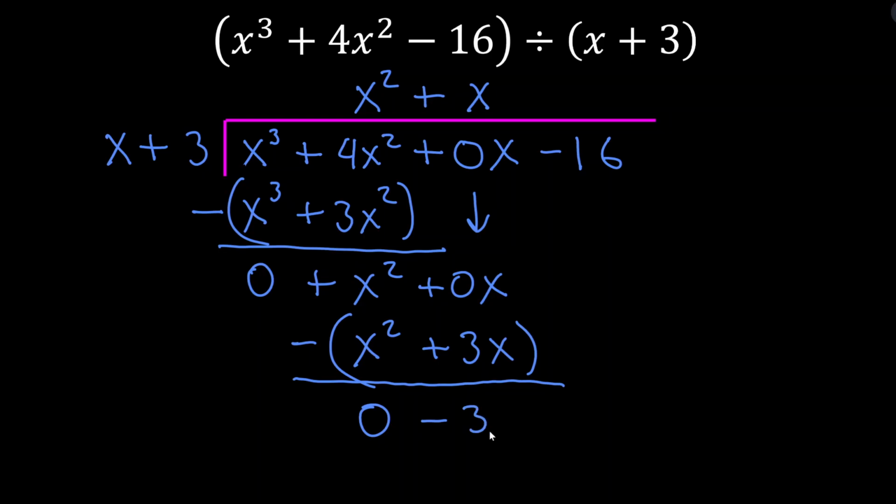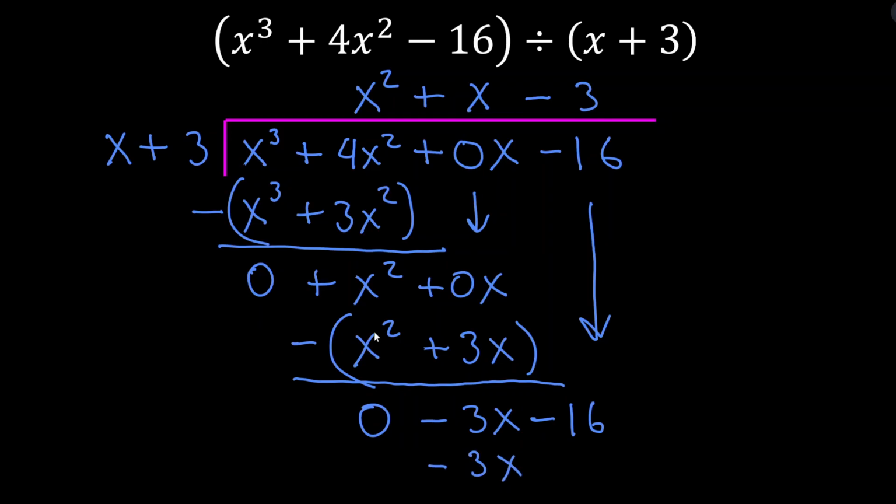That's negative 3x. And now I'm going to anticipate, I'm going to take down this negative 16. And now I think I'm on my last step. What do I multiply x by to get negative 3x? And that's just negative 3. So I'm going to write minus 3. Oops, minus 3. So minus 3 times x is negative 3x.